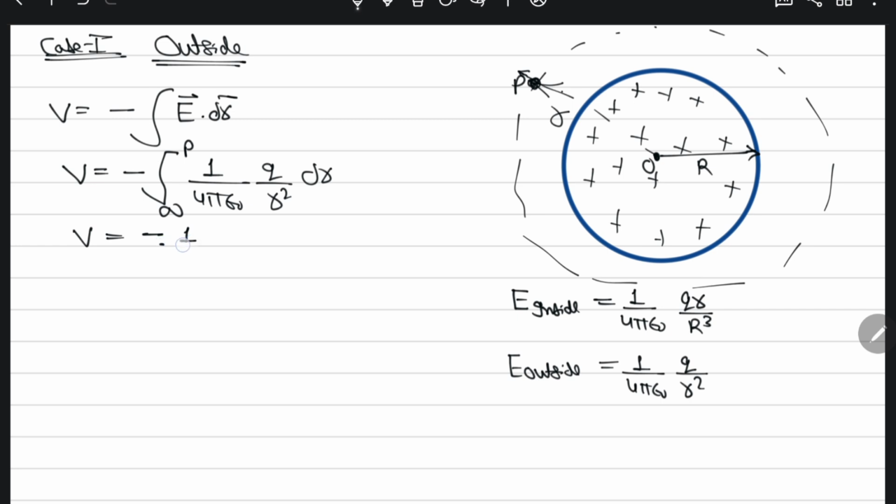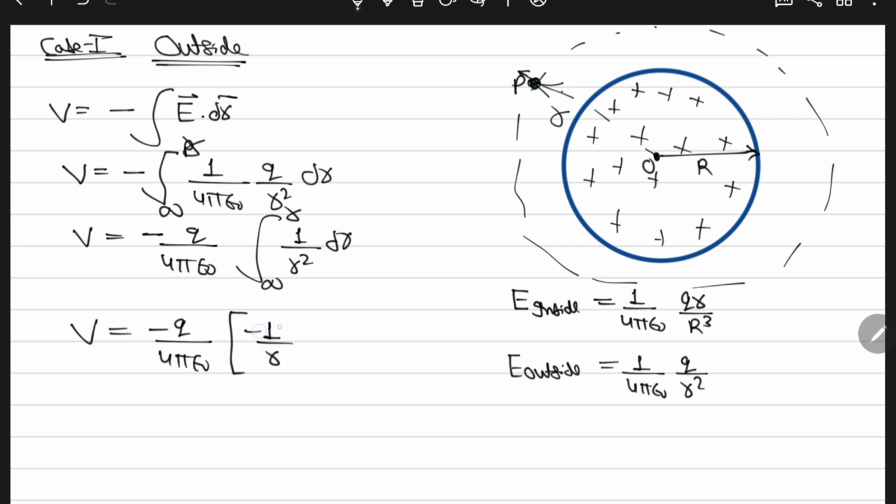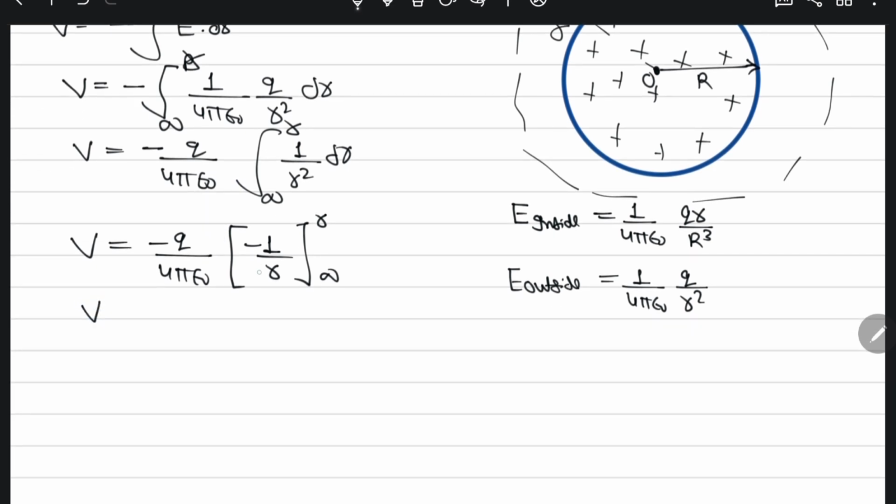So 1 upon 4 pi epsilon naught q I take outside, then I have to integrate 1 by r square dr from infinity to point P, that is r. That comes out to be minus q upon 4 pi epsilon naught times 1 by r from infinity to r. Then I put the values: 1 by r minus 1 by infinity, which is 0, and minus minus is plus, so it comes out to be 1 upon 4 pi epsilon naught q by r.